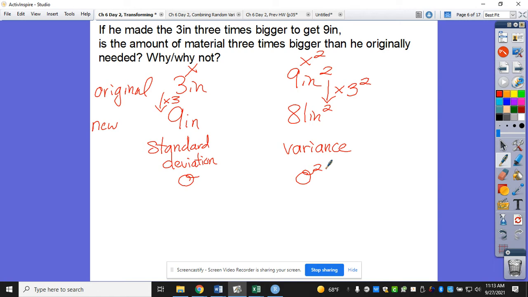So if I had an original standard deviation of 2, and I added 7 to every value, how is my variance going to change? Stays the same. Because does standard deviation get changed by adding and subtracting? Does variance get changed by adding or subtracting?